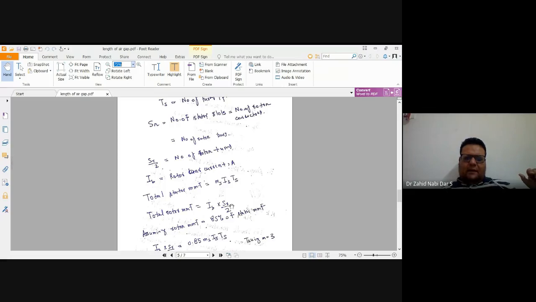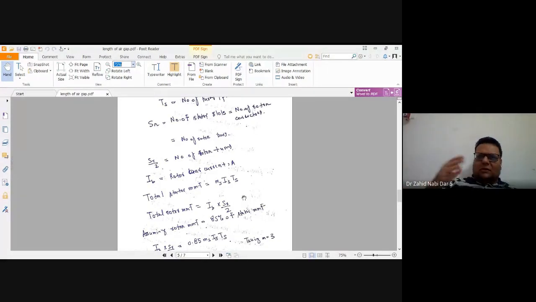Now inside the rotor, how many number of turns are there? It is Sr by 2, because this is the number of rotor turns. So total rotor mmf is equal to IB into Sr by 2. Now how much mmf from the stator links to the rotor, because the efficiency is not 100%.